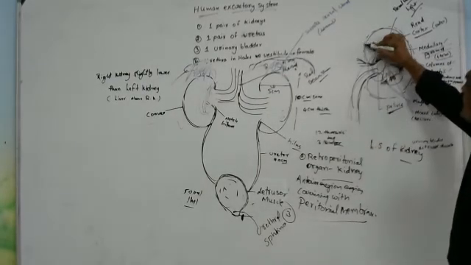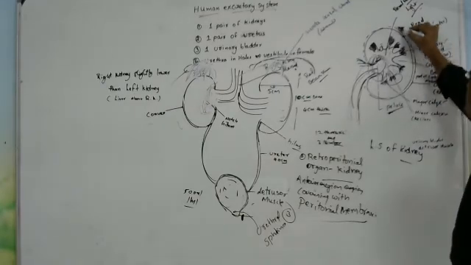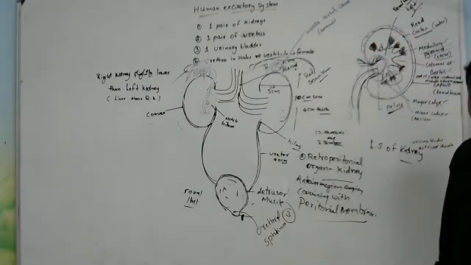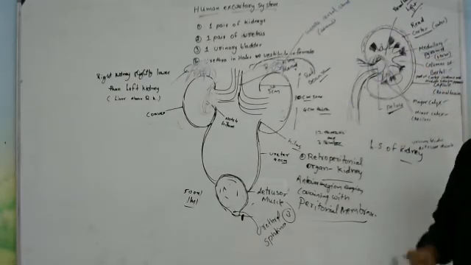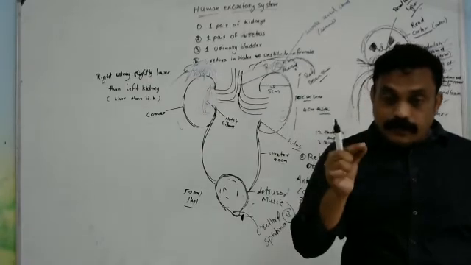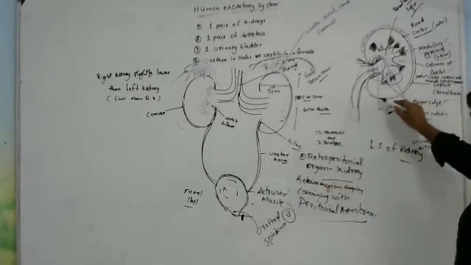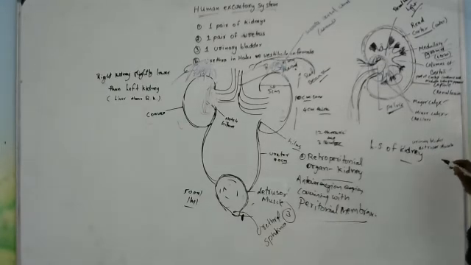The kidney is also covered with a fat substance, adipose substance. The kidney capsule means what? Generally, like a tablet capsule, it covers with a layer. The kidney is also covered with a capsule, which we can call the renal fascia.